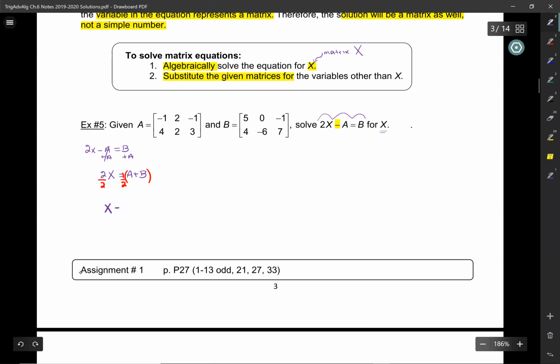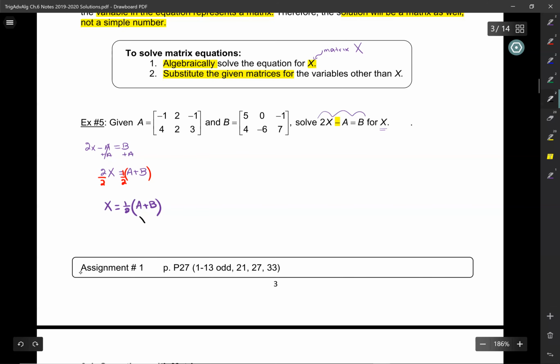So I say X is equal to 1 over 2 times A plus B. That means now that I've solved for X, I'm going to substitute matrices A and B. So X is going to be 1/2 times A plus B. What's A? This matrix. Always put the brackets. Plus B.